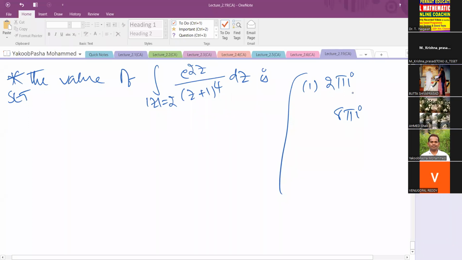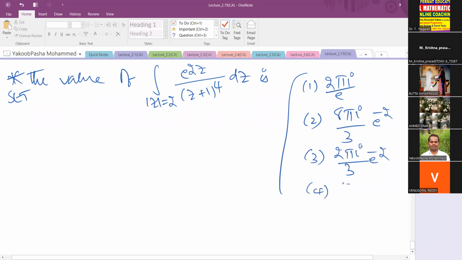First option 2 pi i by e. Second option 8 pi i by 3 into e to the power of minus 2. Third option 2 pi i by 3 into e power minus 2. Fourth option 2 pi i.